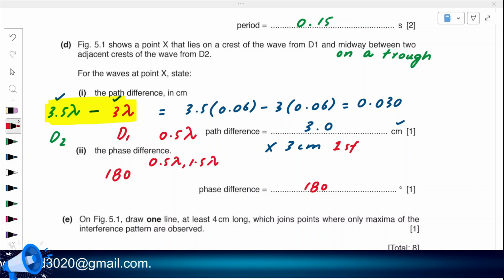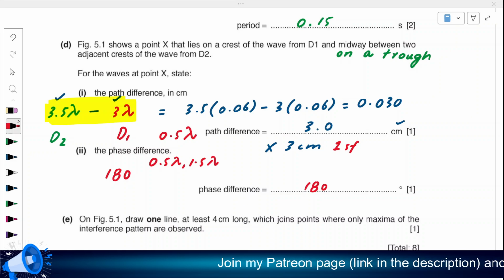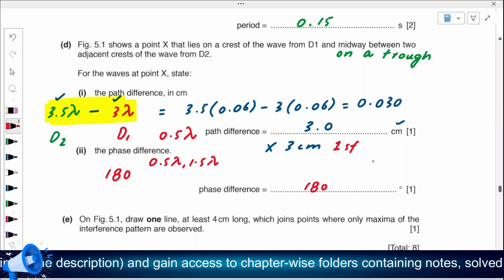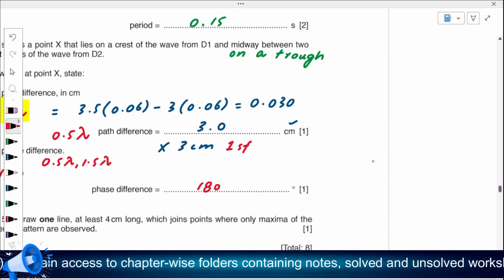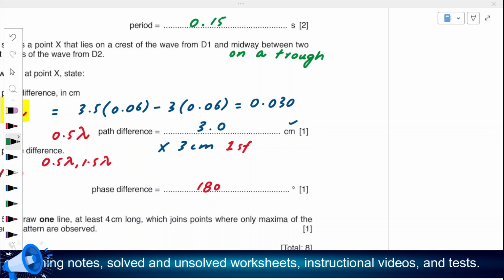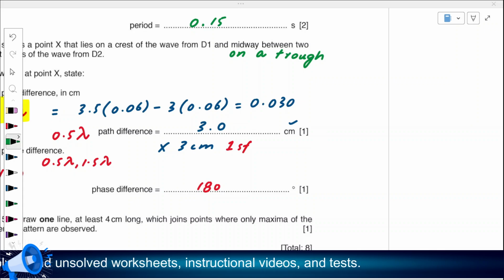Yeah, just wanted to write down a formula by which you can convert what we call path difference into phase difference. You can note down the formula also, but this one was kind of easy for 1 mark. But if it is slightly tricky, the values are not so simple, then you got to use a formula.